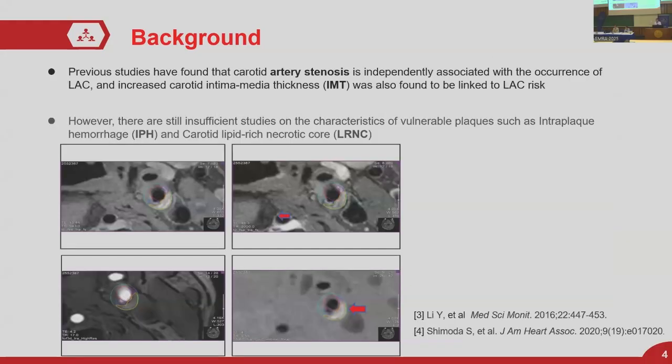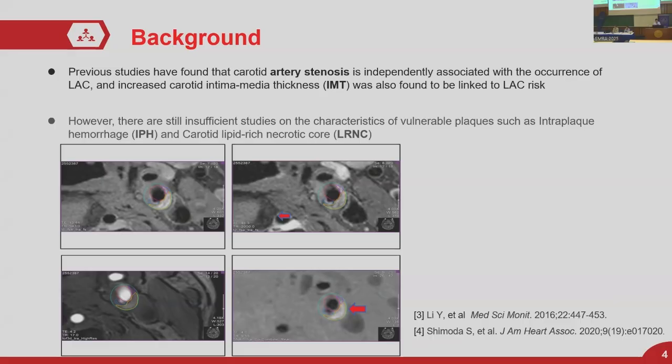Previous studies have found that carotid atherosclerotic stenosis is independently associated with the occurrence of lacunar infarction. However, there are still insufficient studies on the characteristics of vulnerable plaques, such as intraplaque hemorrhage and carotid lipid-rich necrotic core.